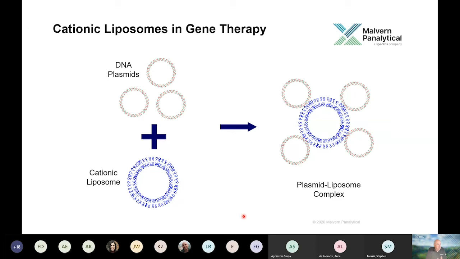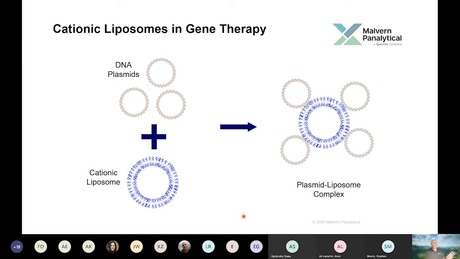You'd have a meatball, i.e. the liposome, surrounded by DNA. So what's important here is the ratio of the DNA to the liposome, because that will influence the charge of the complex. You know, in some cases, you might have DNA surrounding a liposome, but in other cases, you might have the opposite. You might have liposomes surrounding DNA.